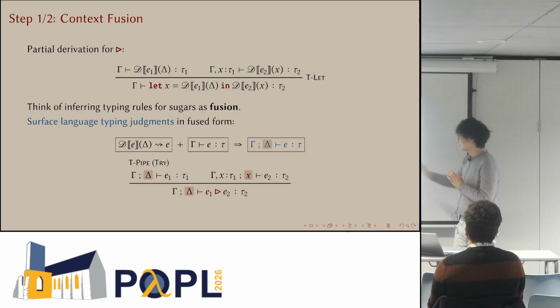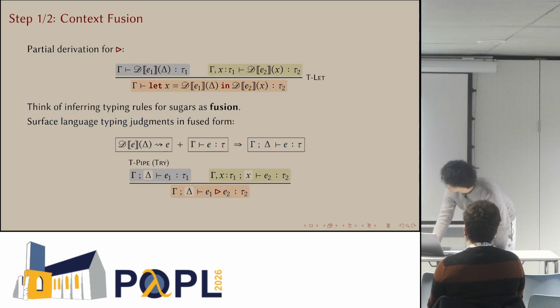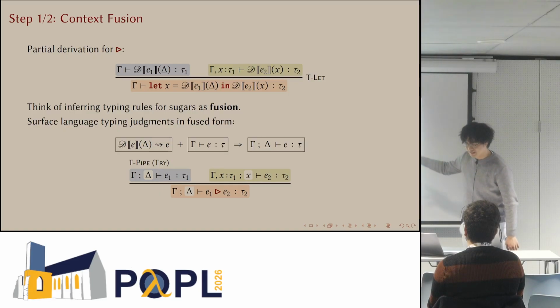And mostly it is natural because E1 is desugared under delta, and in the rewritten form, it will have delta as a part of its typing context. And then E2 is desugared under X, so it is X there. And these still have a one-to-one correspondence.